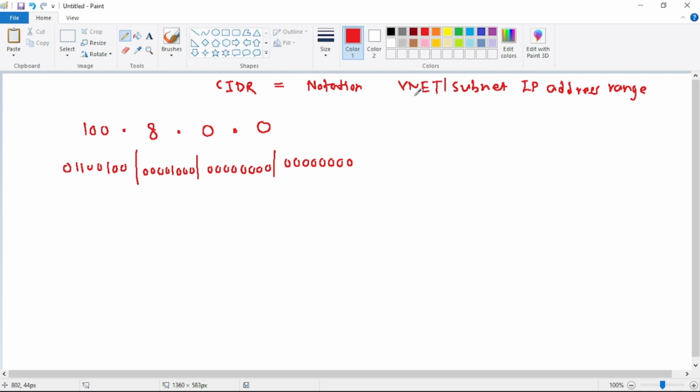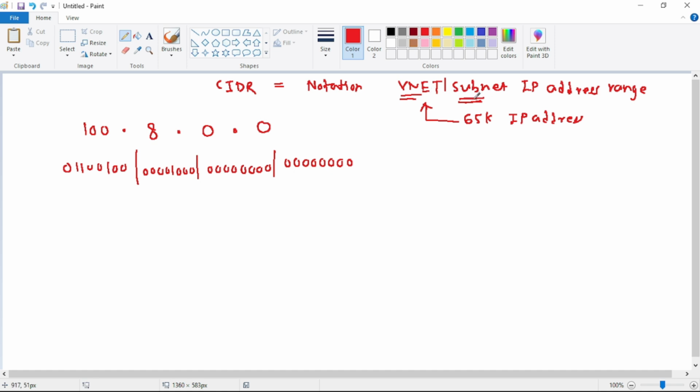So basically when we create a VNET or subnet, we provide how many IP addresses we require. For example, we may say that we want to create a VNET and for that we want to use 65k IP addresses. And guys, a subnet is a part of a VNET, or you can say a subnet is a child of VNET.